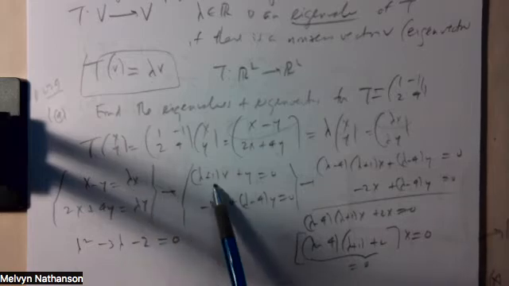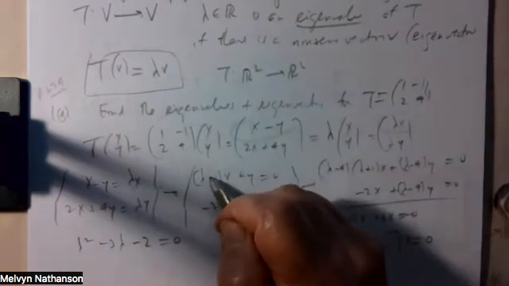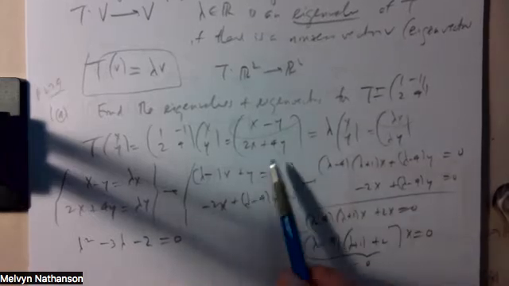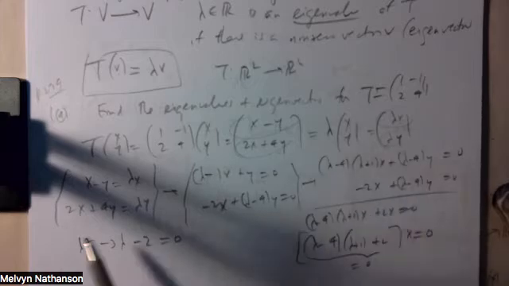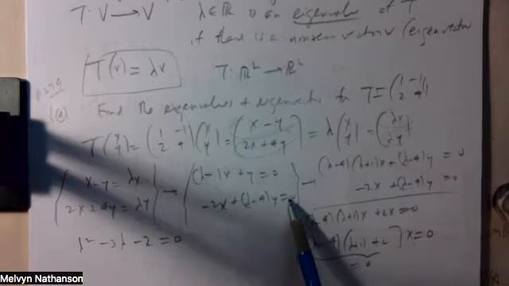Sorry, I made a mistake. It should be lambda minus 1 times x plus y is 0. And when I compare the second coordinates, 2x plus 4y equals lambda y, which says minus 2x plus lambda minus 4 times y equals 0.